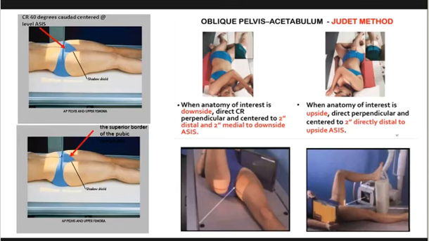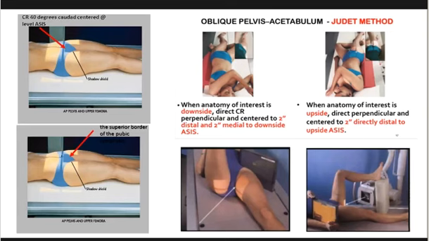Mayroon kasi tayo sa Judet method, mayroon tayong dalawang oblique, AP oblique projection. Sa Judet method, generally, pag sinabing fracture, to demonstrate the fracture of the acetabulum, kung method ang tanong, the answer is Judet method.